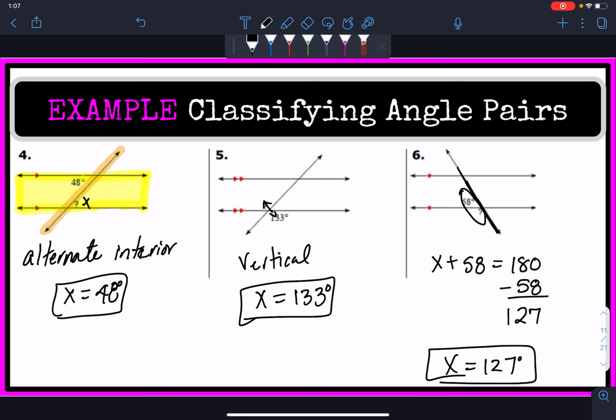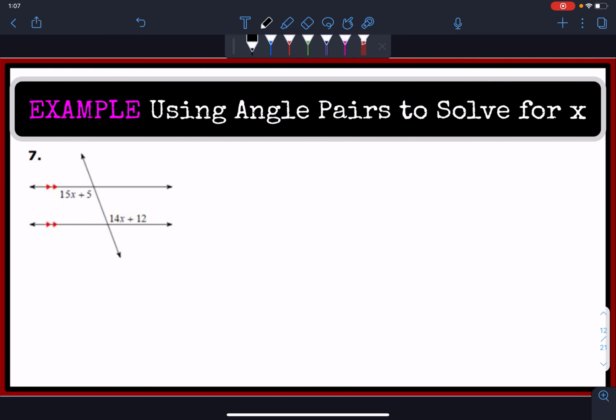Now we can apply this even to algebra. We can then set up our angles to represent some algebraic expression and use it to set up equations that are going to be either equal to each other or add up to 180 degrees. Here we're not going to worry about classifying and trying to identify what the correct name is, but we can just use our brain here, use again our geometric spacing and verify and look that we have the following.